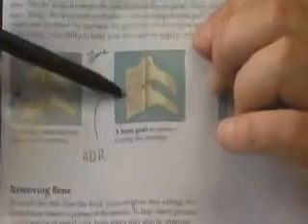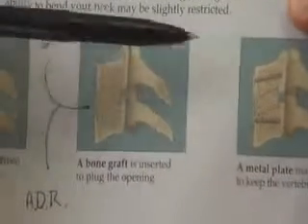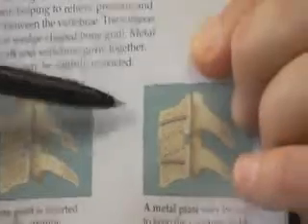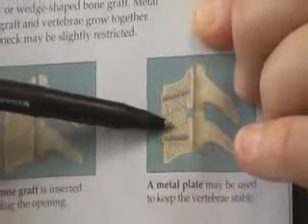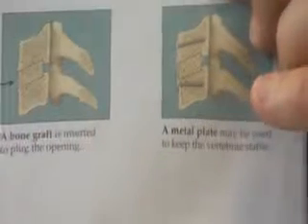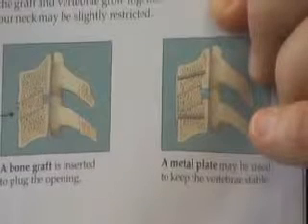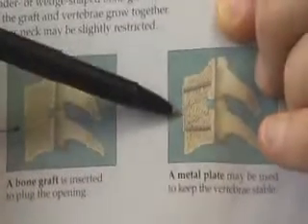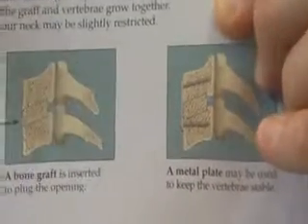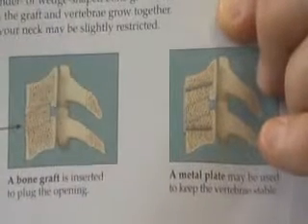If you use a bone, you commonly put a plate on the front of the bone plug so that the bone plug doesn't spit out of position. The plate closes the front of the spine so that the bone plug stays in place until it heals.